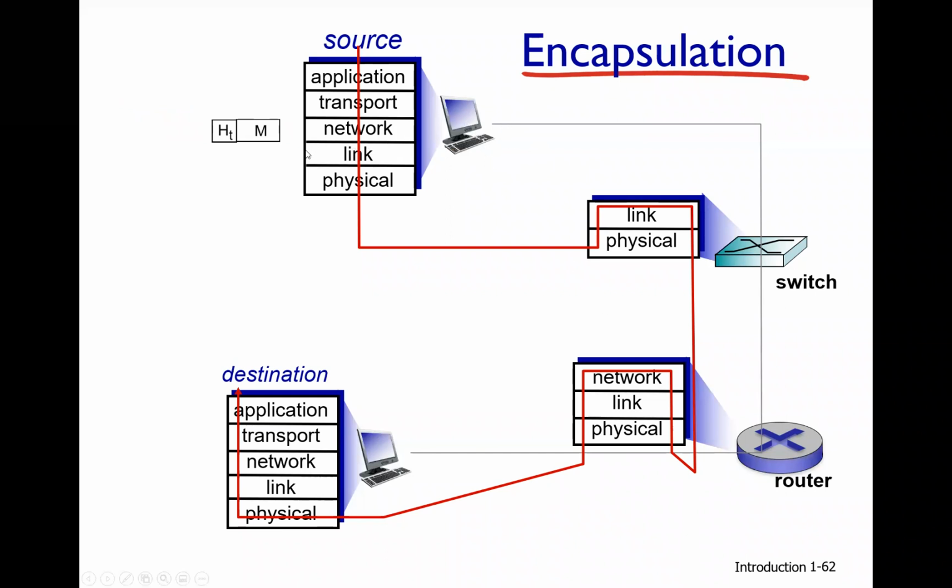So at the network layer, we need to add additional information to the message that's been passed from the application and transport layers. To do that, we add another header, this network header, HN here. And we refer to this network layer packet as a datagram.